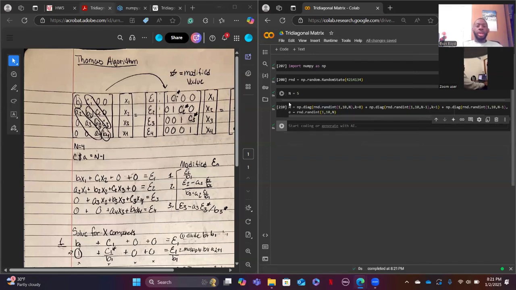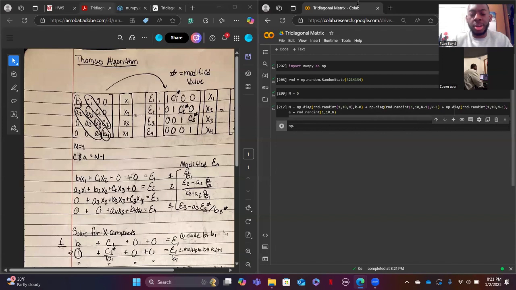But yeah, here's our A. So our A is basically representing our matrix here. Actually, I represent this as M for matrix. M for matrix. Then our E for epsilon. Okay. So there's actually a way. In Python, there's a way we can do our tridiagonal solver for x's already.